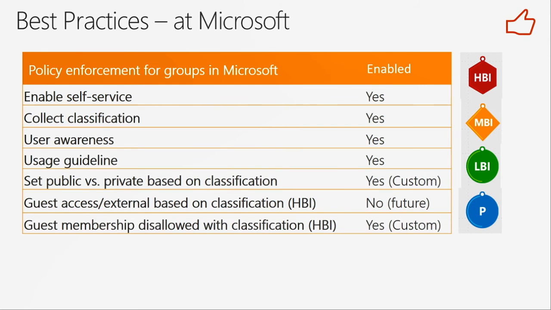So the IT enforces a policy that a high business impact group cannot have a guest member as part of the group, and also the privacy is set to private. The medium business impact groups are basically groups where the data can be shared as needed by the owner. They can make the decision on whether it should be a private or a public group and whether they can add guests.